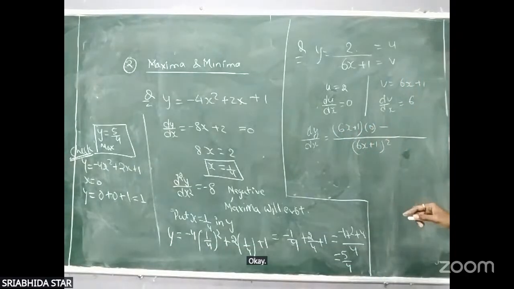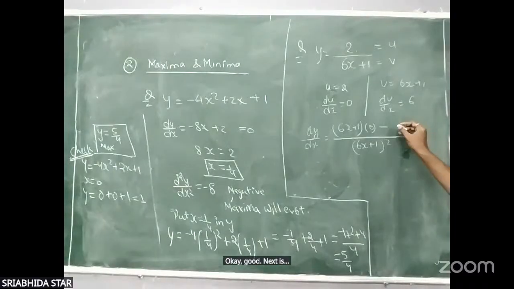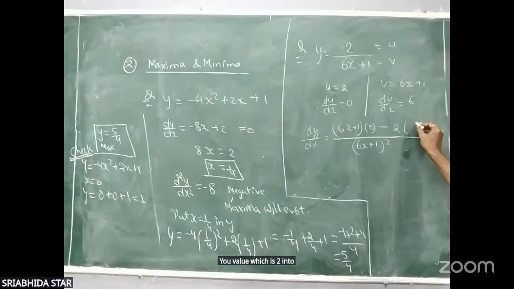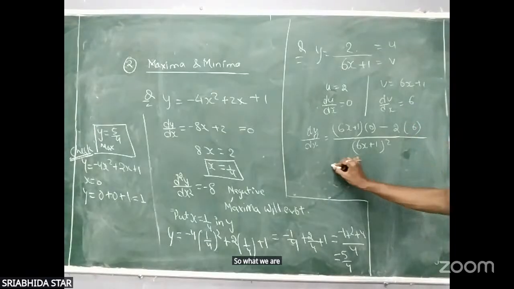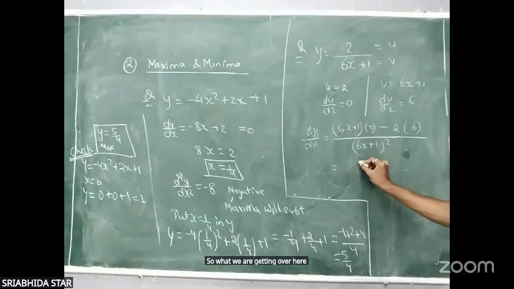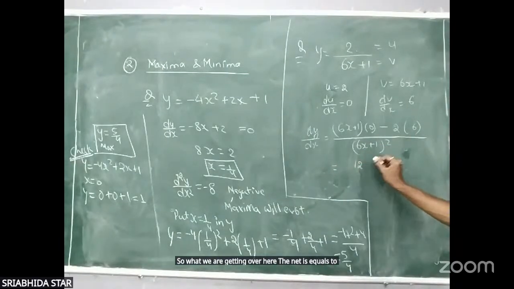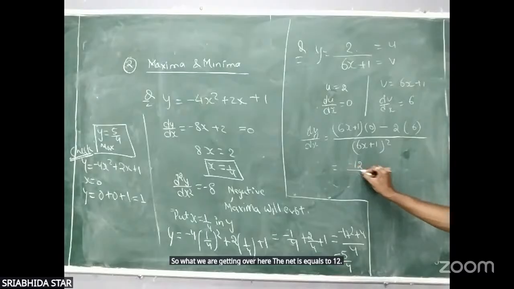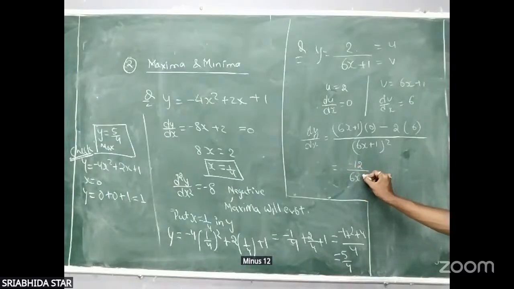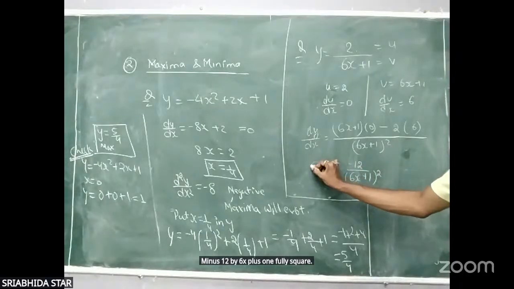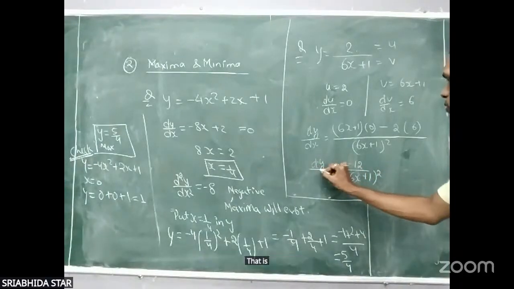Next is your u value, which is 2, into ∂v/∂x, that is 6. So what we are getting over here is, the net is equal to minus 12 by 6x plus 1 whole square. That is dy by dx, what I have got.